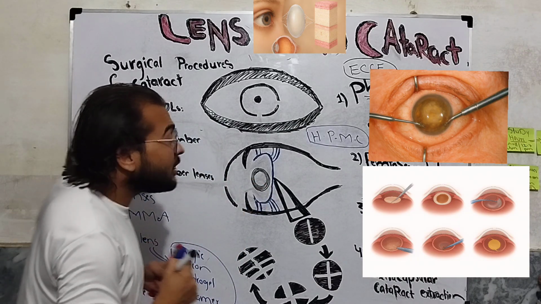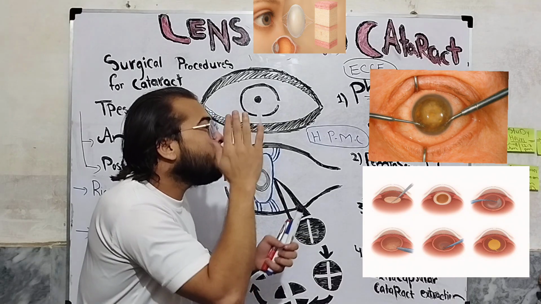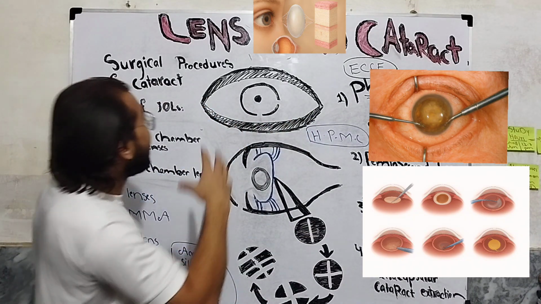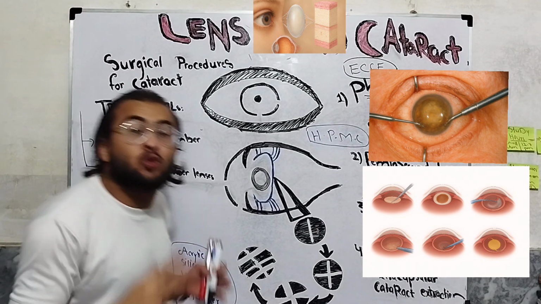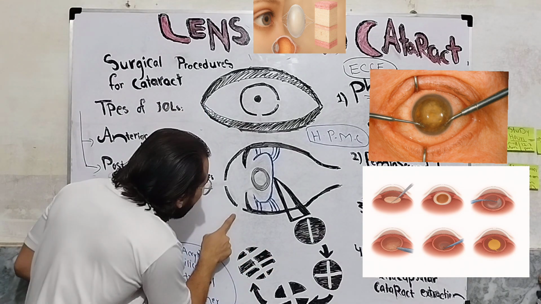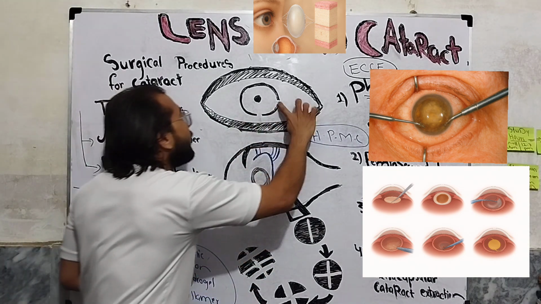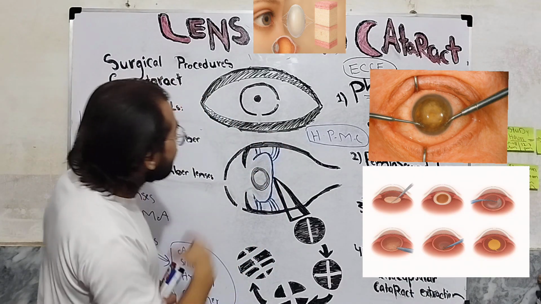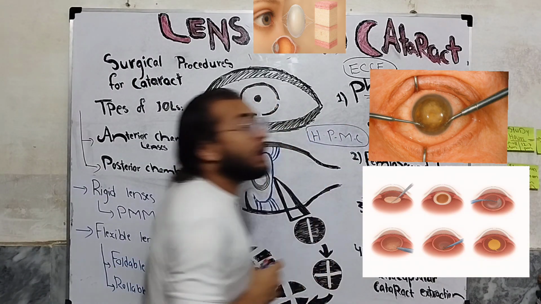And lastly, we will apply pad and bandages on the eye. There is no need of suturing, as these corneal incisions are very small, so they do not require suturing. So these were the steps of phacoemulsification.